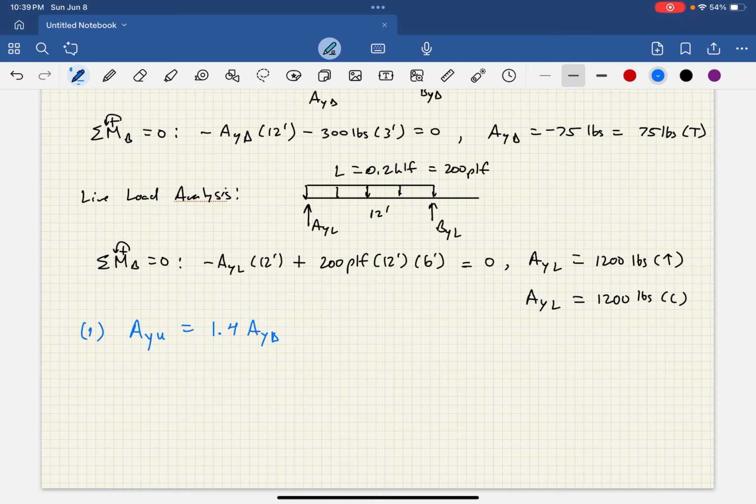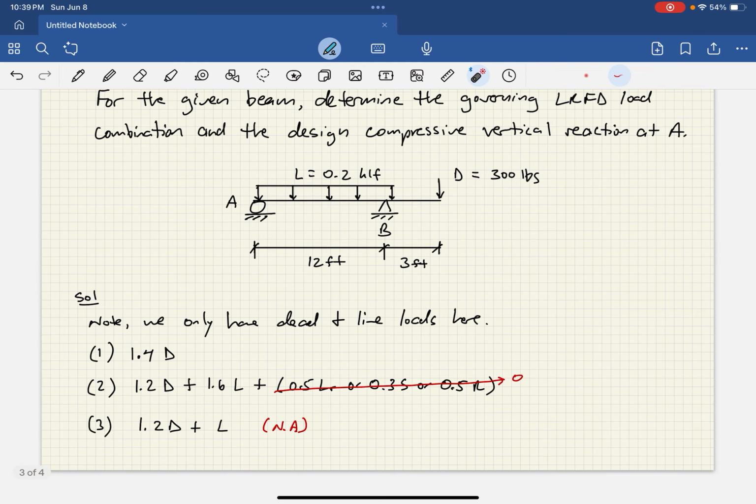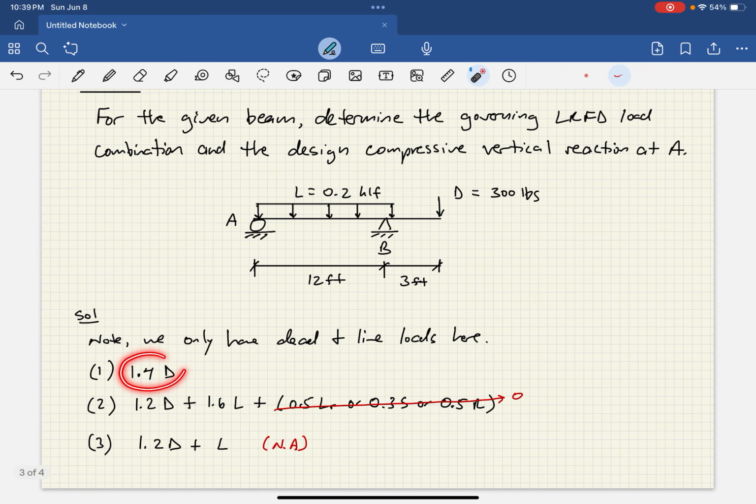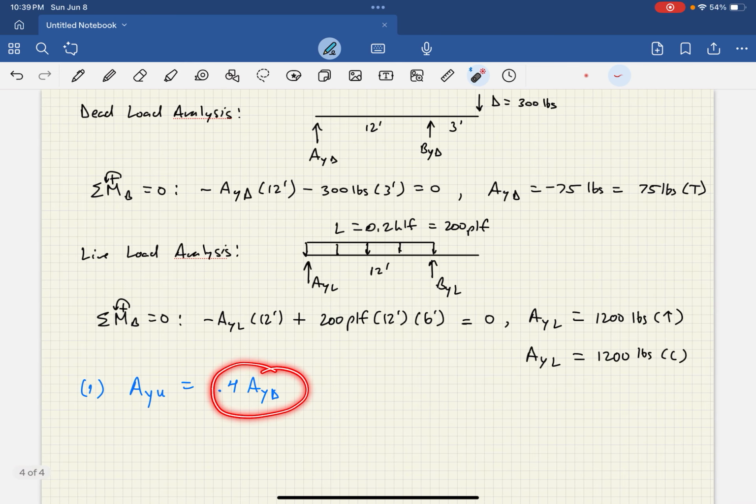So notice I use some different symbology here. I used U to indicate ultimate, which is just, I'm giving the combination equation a label here with AYU. So this 1.4 AYD, that's the 1.4 D from earlier. So remember, this is a generic way of writing it, 1.4 dead. This is more specific to my problem.